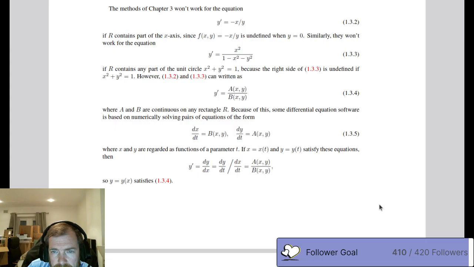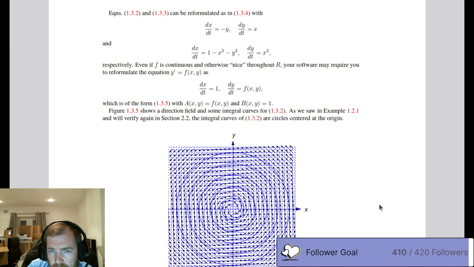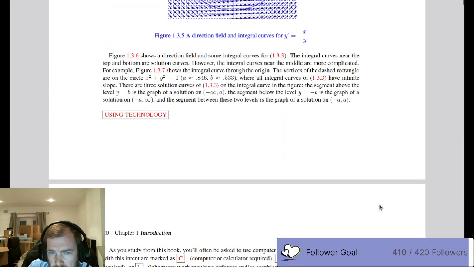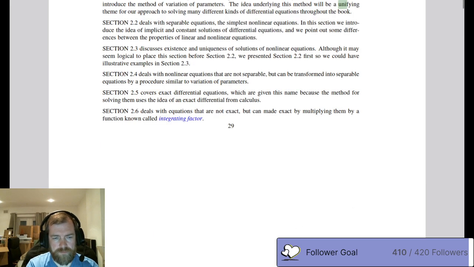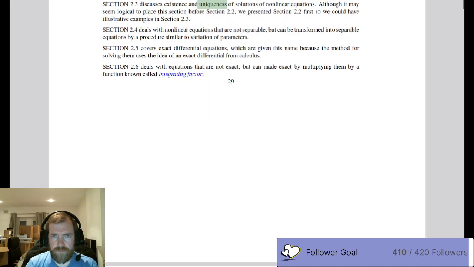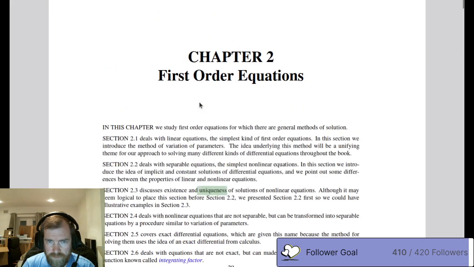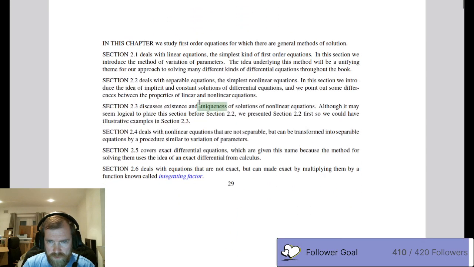Okay. Section 2.3 discusses existence and uniqueness of solutions in nonlinear equations.